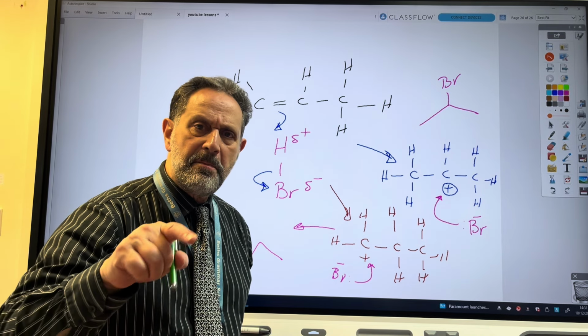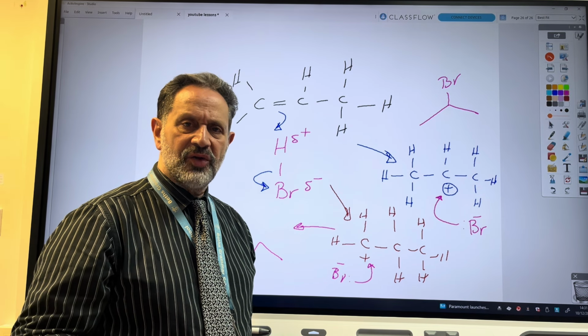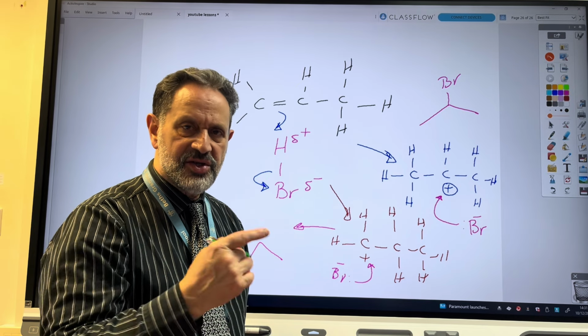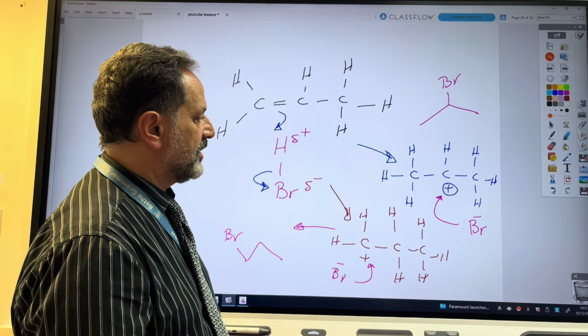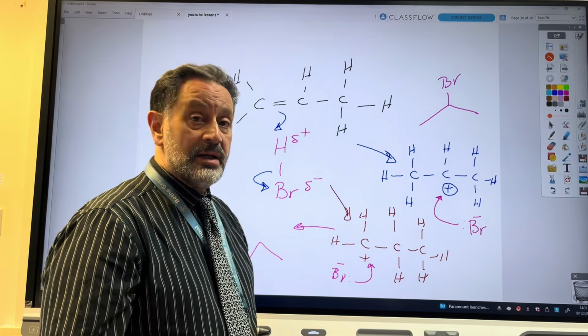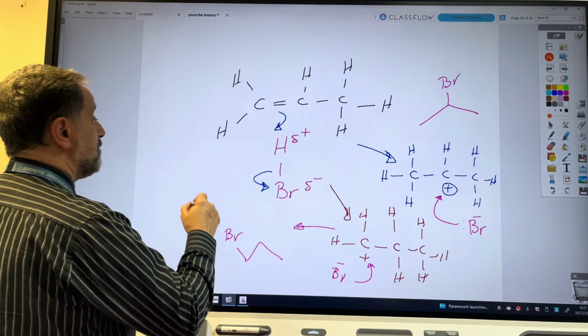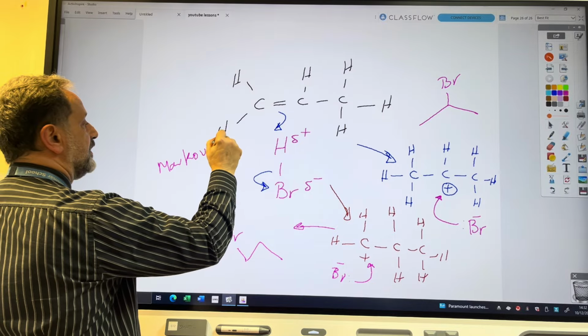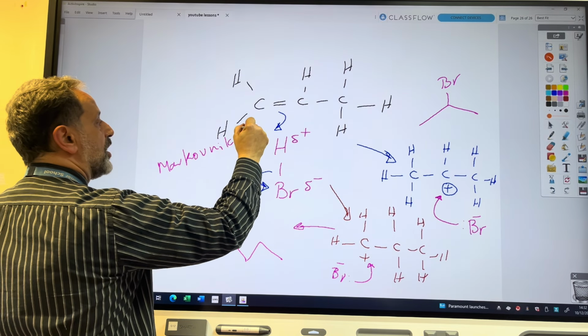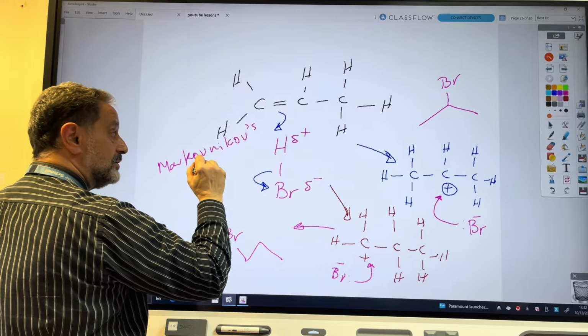But which one is the major product? These are both each other's structural isomers, if you remember isomerism, structural isomerism. There is this guy who's called Markovnikov, or Markovnikov's rule, right?